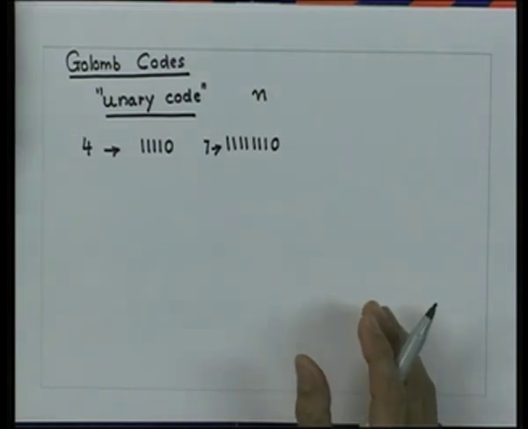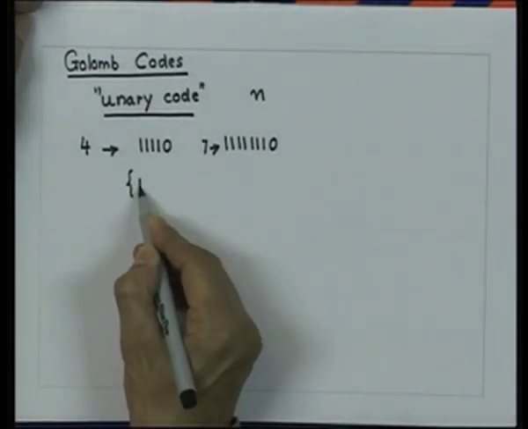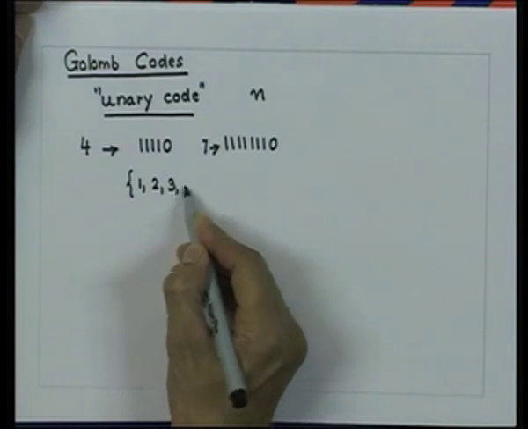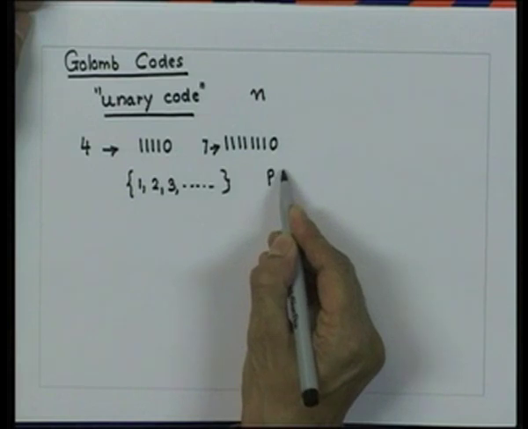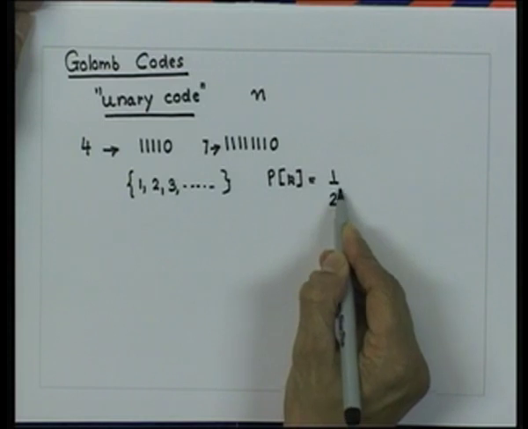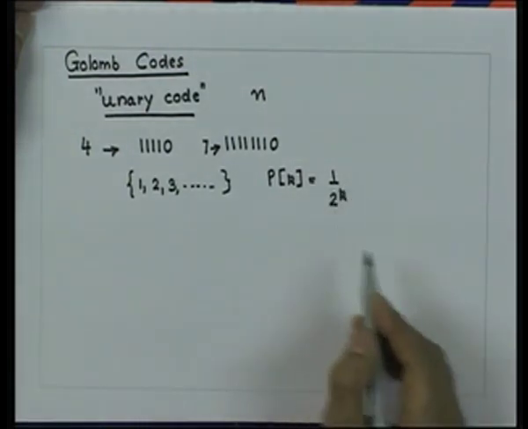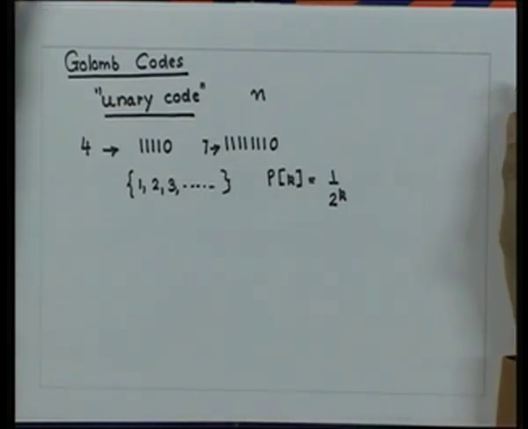The unary code is the same as the Huffman code for the semi-infinite alphabet 1, 2, 3, ... with probability model P_k equal to 1 by 2 raised to k. Because the Huffman code is optimal, the unary code is also optimal for this probability model.